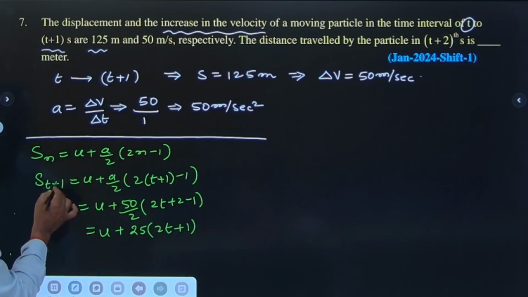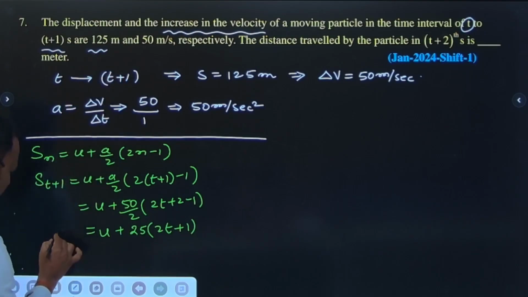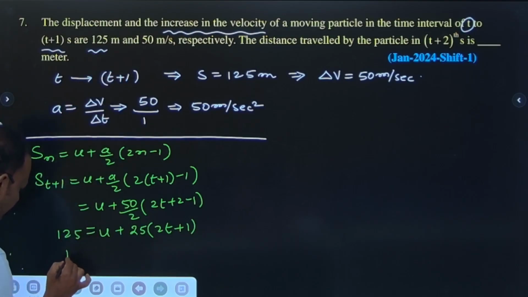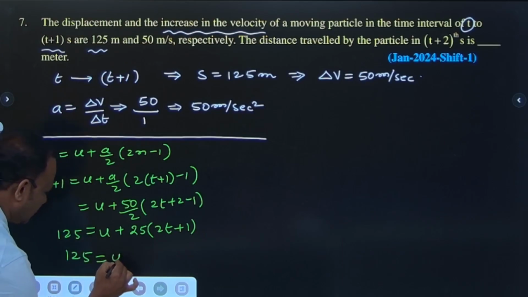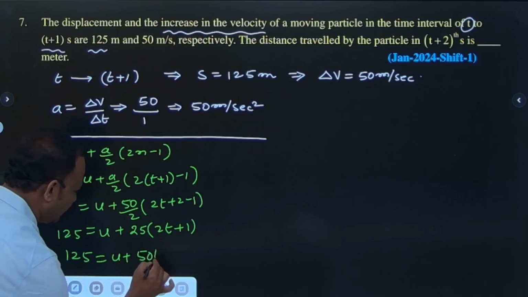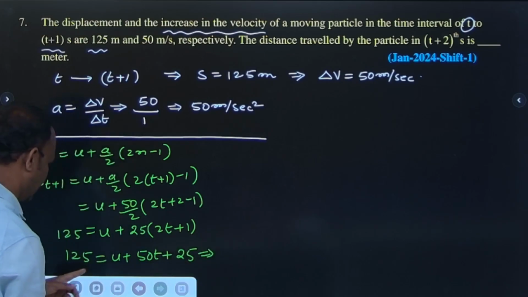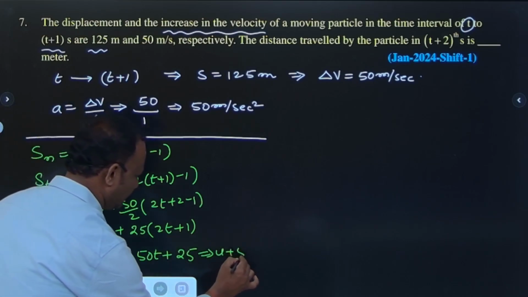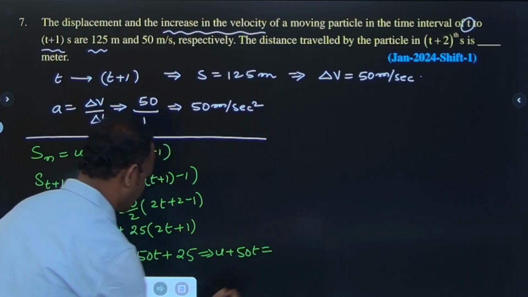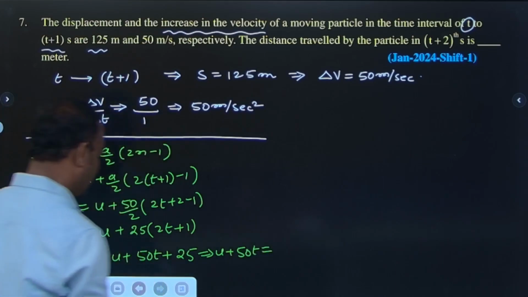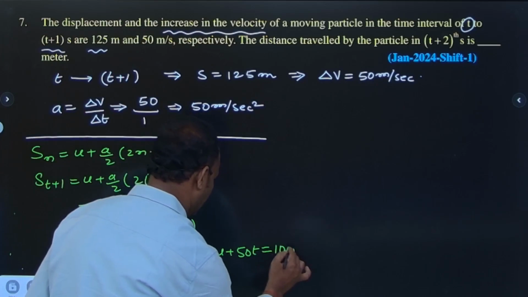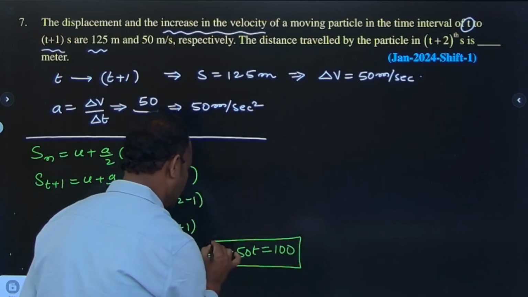So this S t plus 1 is given as 125. 125 is equal to u plus 50t plus 25. So finally we get u plus 50t is equal to 125 minus 25, that is 100. This is my first equation.